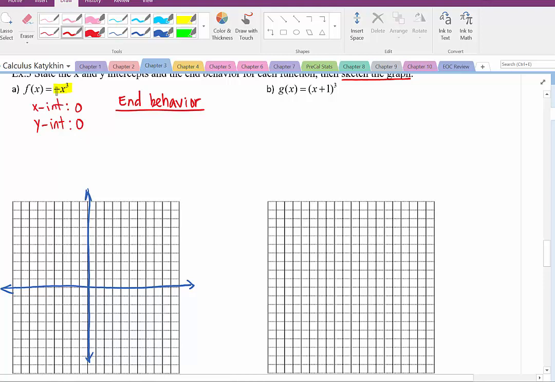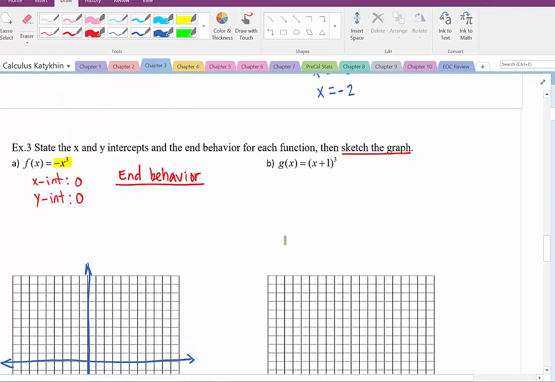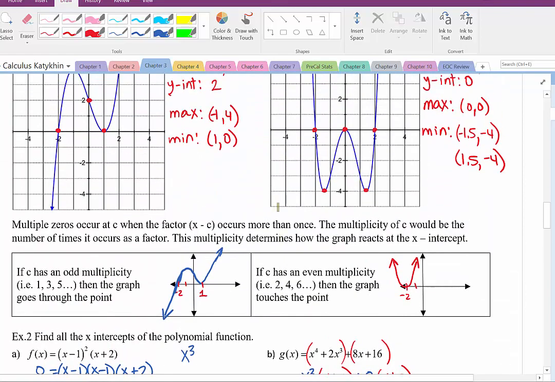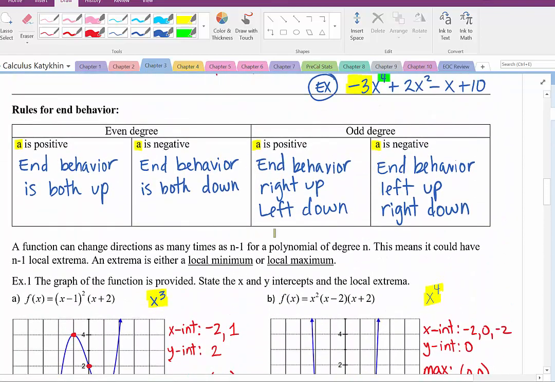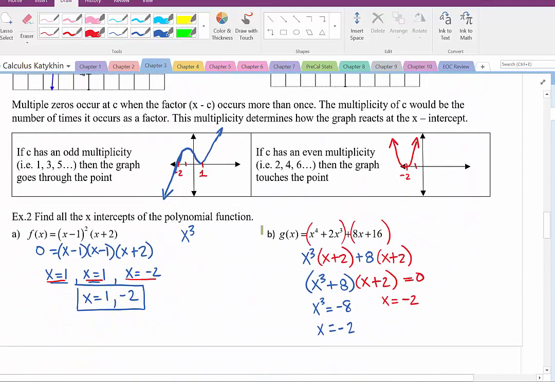And since our A, or the leading coefficient, is negative, and if you want to refresh your memory, remember it's odd and it's negative, which means the left side has to go up and the right side has to go down.